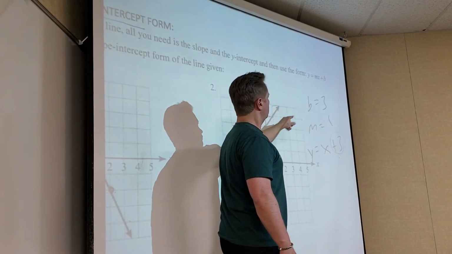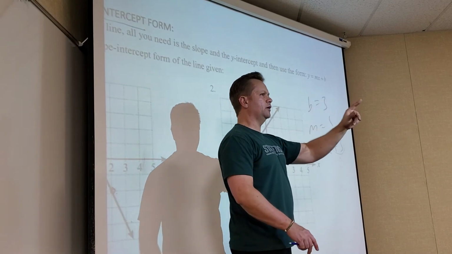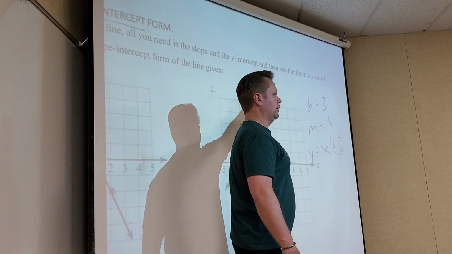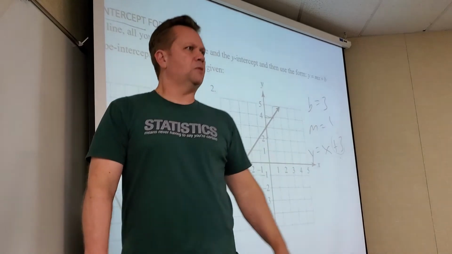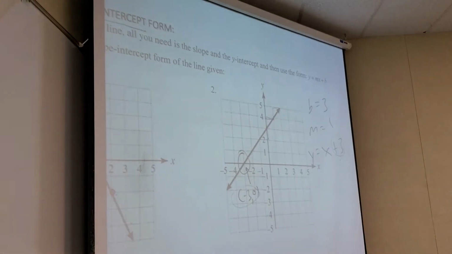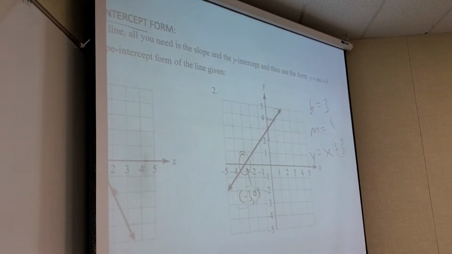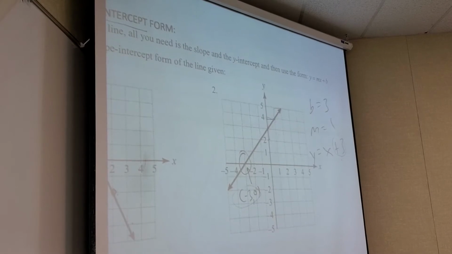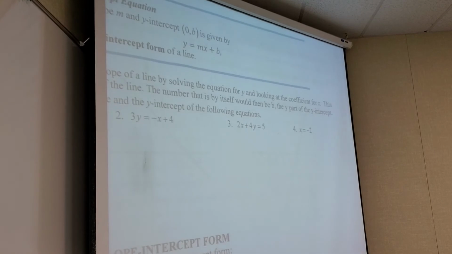So b must be 3. b is the y piece of the y-intercept. What is the y-intercept? It's where it hits the y-axis. 0, 3, yes. But b is 3. Yes. You could say that and not feel any need to be careful with me. b is 3. The x is 0. Yes, the y-intercept is 0, 3.